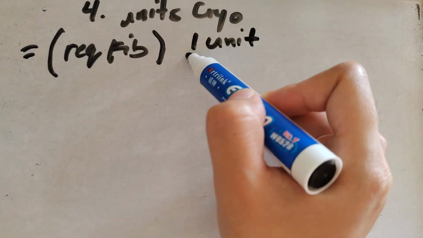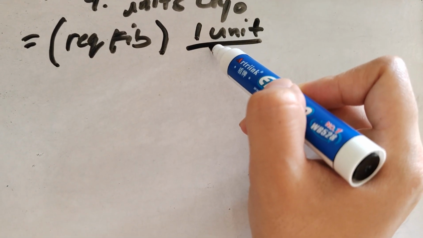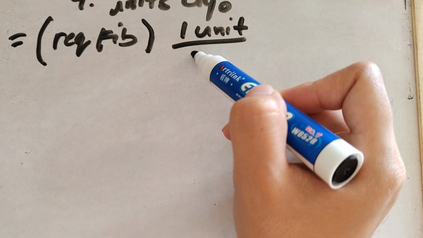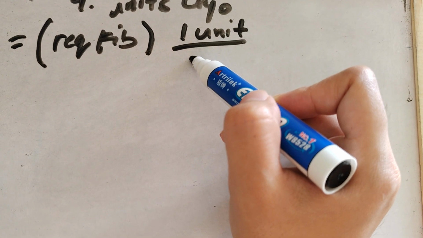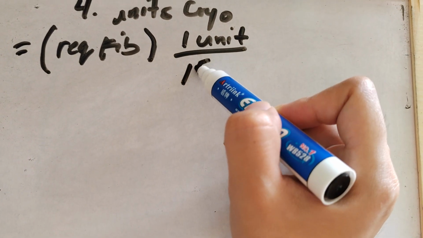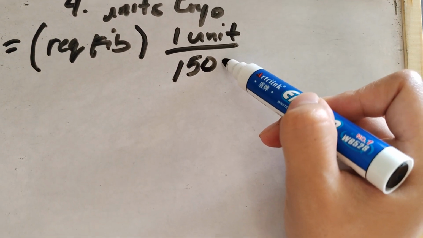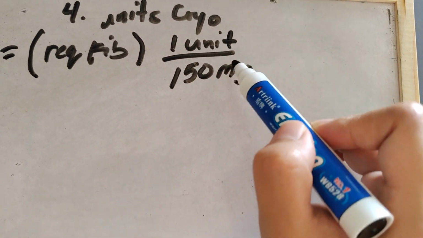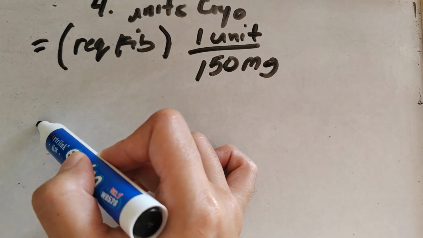Okay? 1 unit natin is equal, ilan ulit? Given yung formula kanina, that is 150 to 250 milligram of fibrinogen. We are going to use the lowest out of the range. Okay? Para makasigurado tayo. So, 150 ang gagamitin natin.